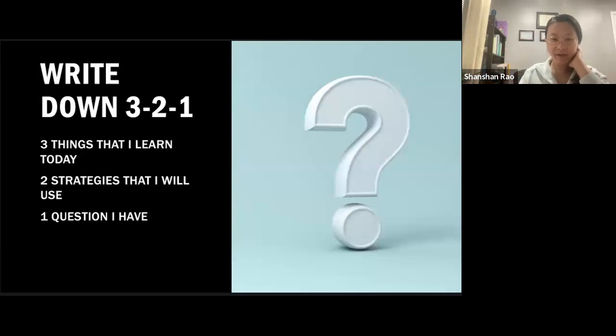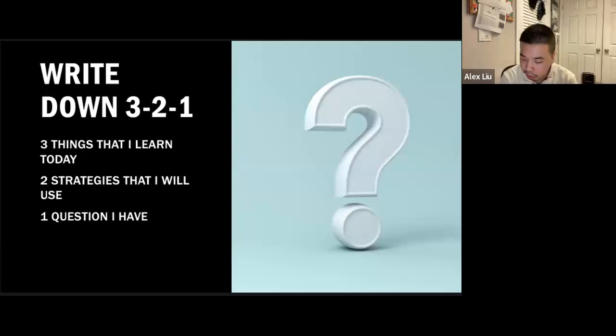Okay, and then I also have one more question about adjusting reinforcement. So let's say that I'm teaching a student how to wash his hands, and I have this task analysis, and I break down all the steps. Whenever the kid can do it independently, I just put I, and whenever the kid needs gesture prompts or partial prompts or verbal prompts, I just put VP.